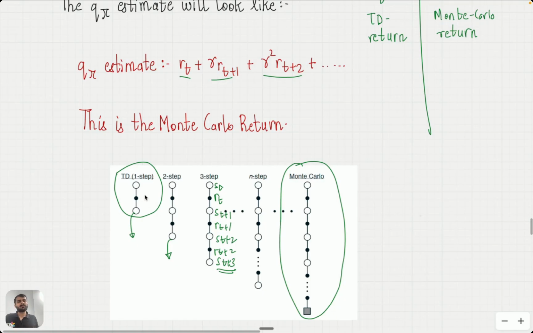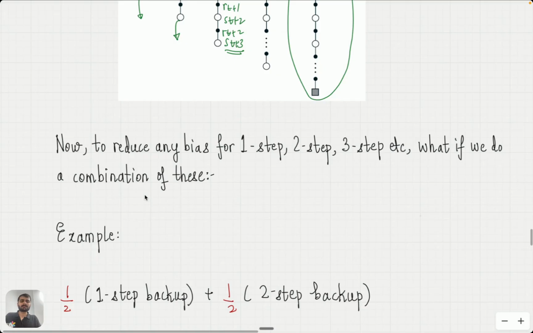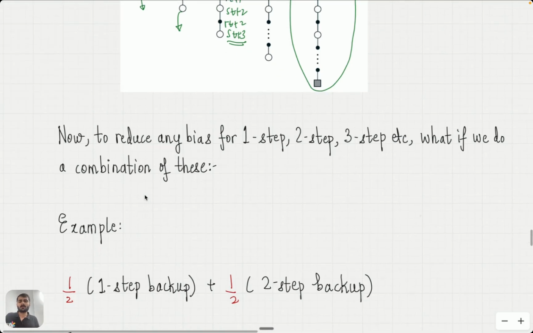That will be a very good way of reducing the bias, because here you are considering multiple steps within the same expression. So yes, you can do that. For example, if we are doing a composite return where we take half of a one-step backup plus half of a two-step backup, how would the estimate for the action value look?